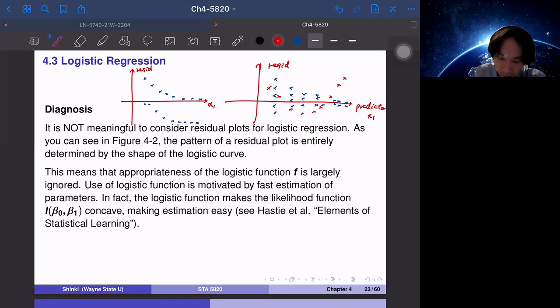So this just replicates the logistic curve.